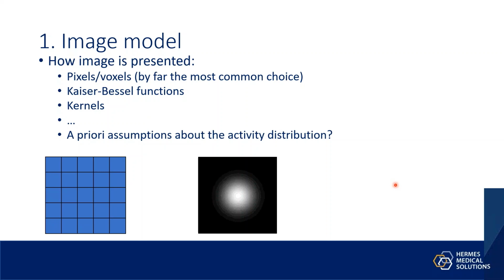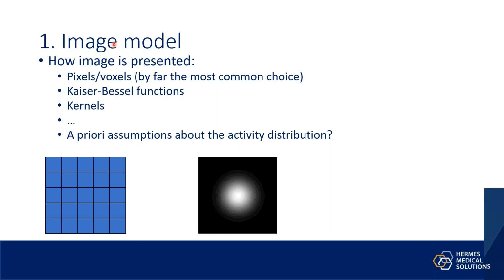That is the most common choice. But we can present the images also using Kaiser-Bessel functions, which are these blobs shown here, or we can also use kernels. We don't talk about the kernels or the Kaiser-Bessel functions during this presentation, but we assume that the image is presented using pixels or voxels. But you should know that there are other choices available too.